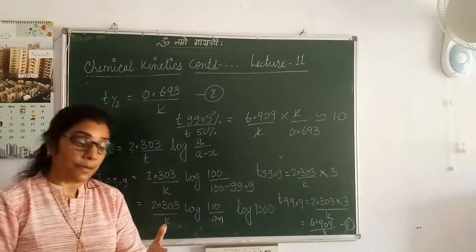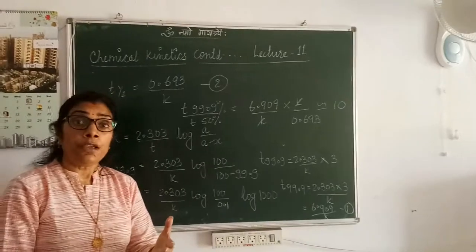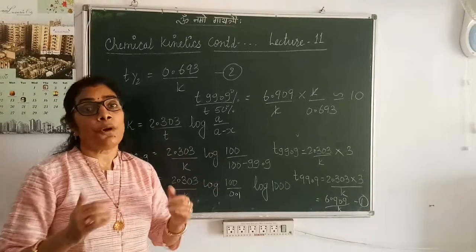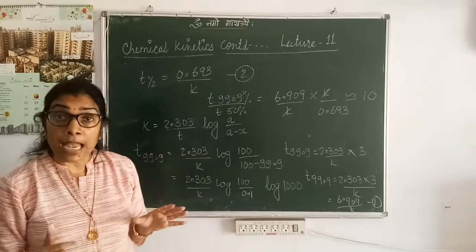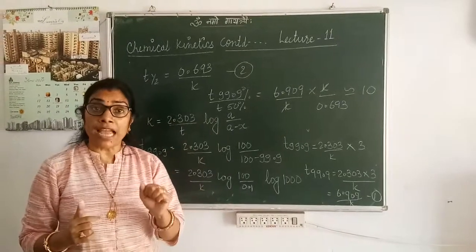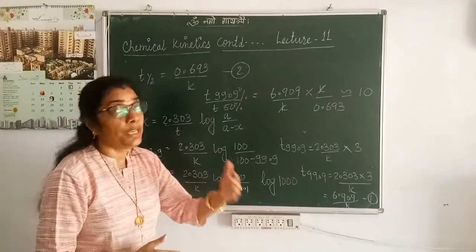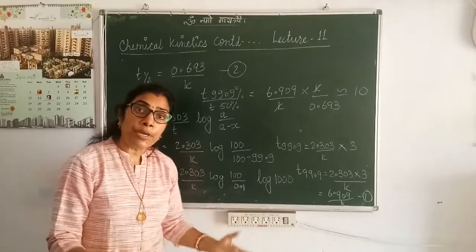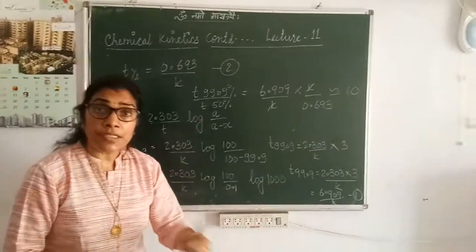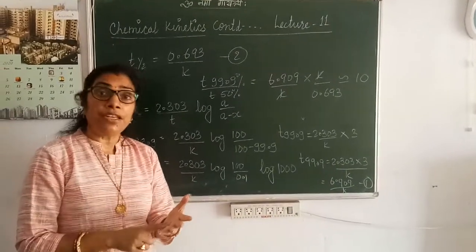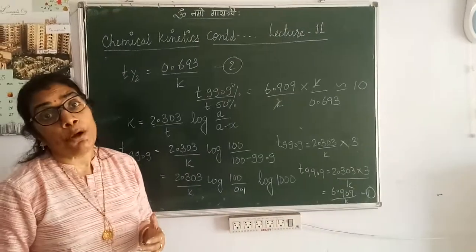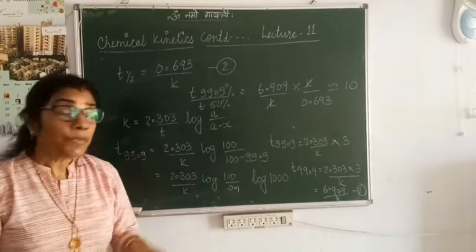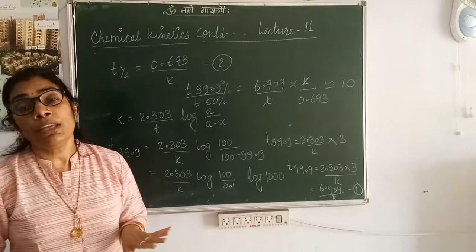What is rate of reaction, what is rate constant, what is rate law, what is the difference between order and molecularity of reaction, explain pseudo first order reaction by giving a suitable example, what do you mean by mechanism of reaction, how come rate depends on slowest step, what is the effect of temperature on rate of reaction, what do you mean by temperature coefficient, write the Arrhenius equation, define activation energy, threshold energy, activated complex, and then graphical representation, that is potential energy diagram for exothermic and endothermic reactions.